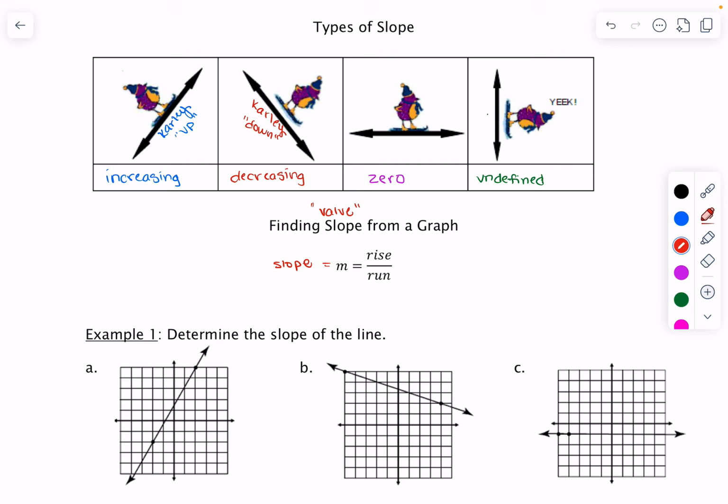And what this means is that we're looking at the rise being that vertical change. And we can say that is how much up or down. That's why it's called rise, but we can also call that down as well. And then over the horizontal change.